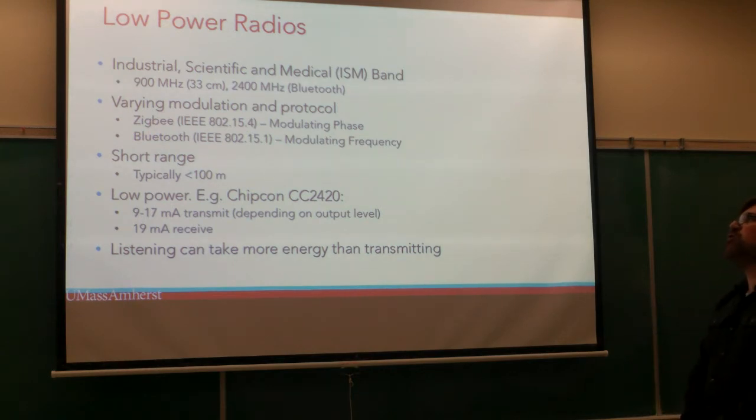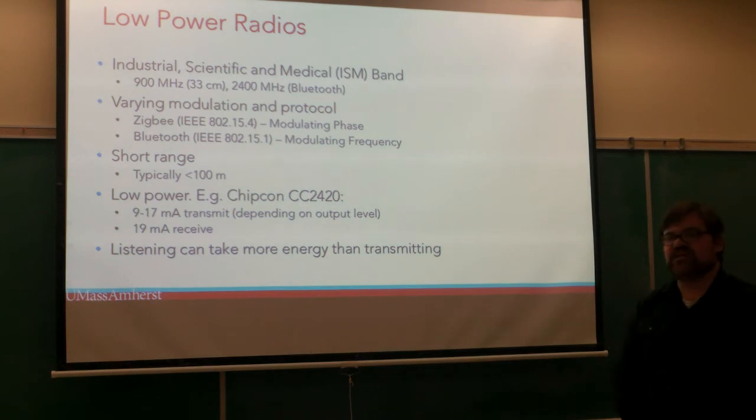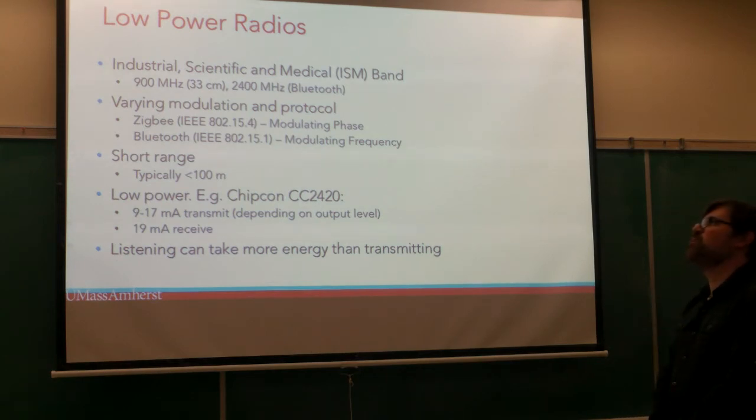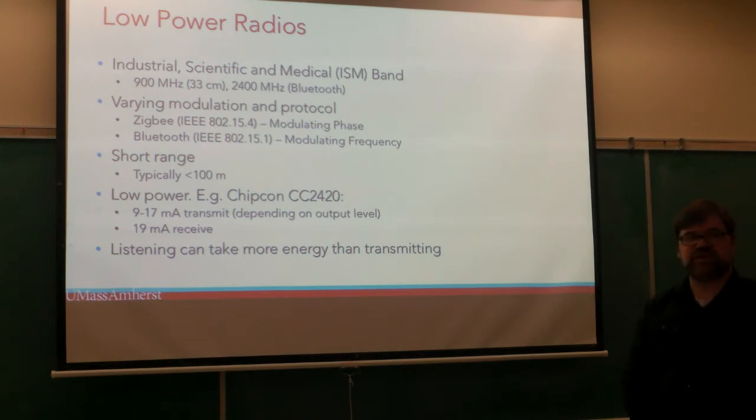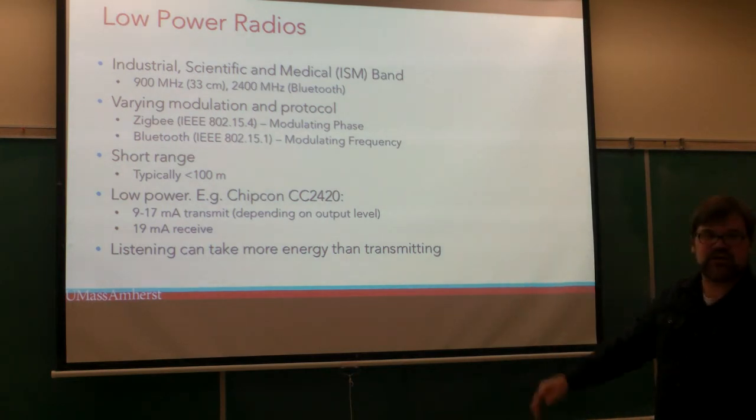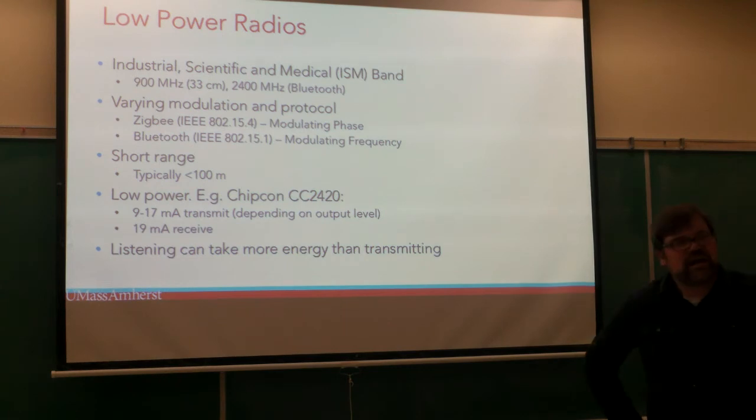So almost all of the radios used in these sensing applications are either in the 900 megahertz band or the 2.4 gigahertz band. Bluetooth and Zigbee are both in 2.4 gigahertz. I think 900 megahertz isn't used as much because it used to be used a lot for analog systems like baby monitors and old cordless phones.